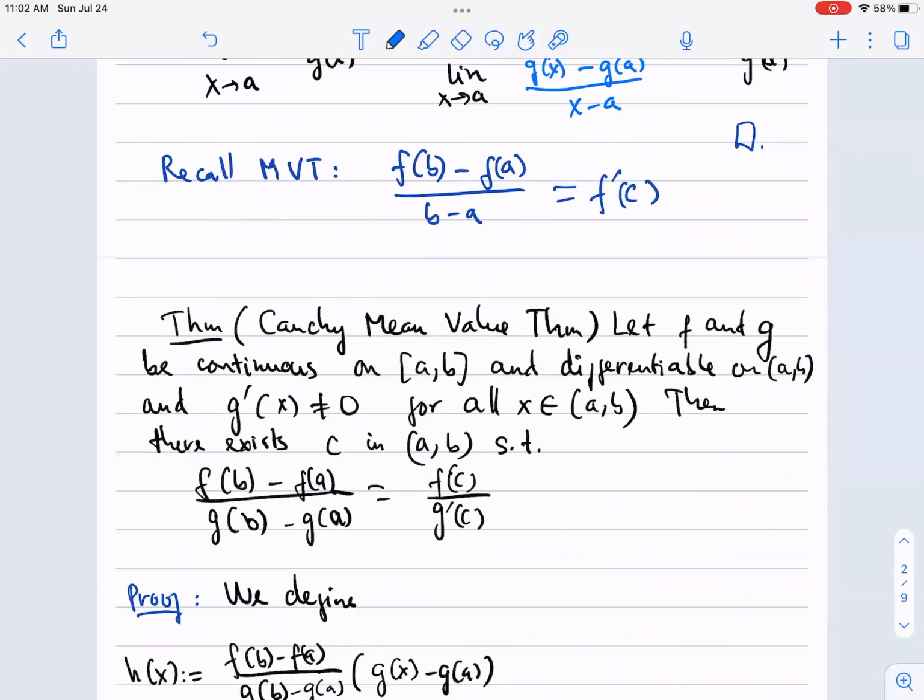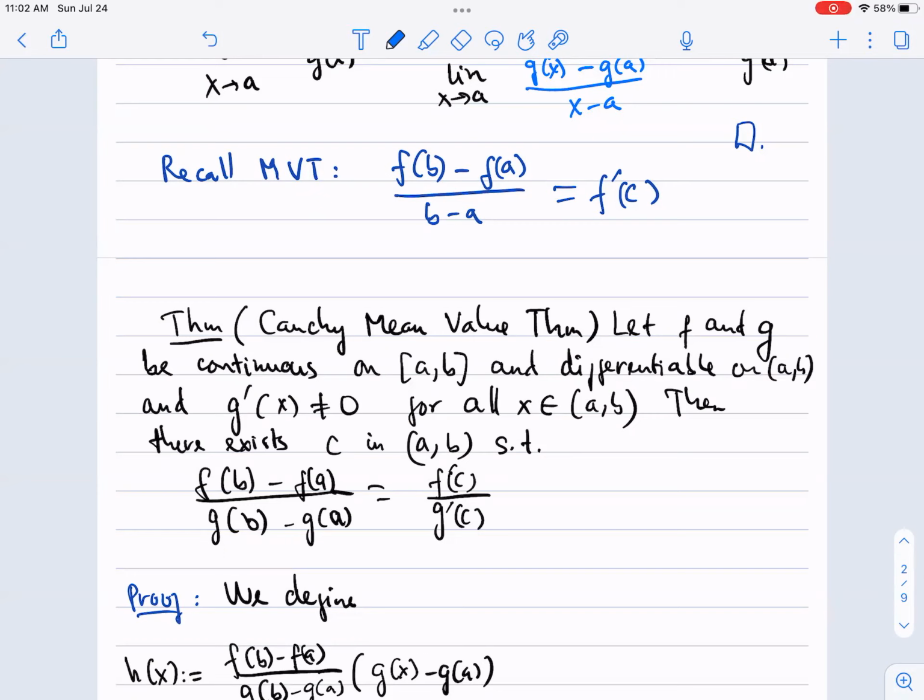Next, we're going to state what we call the Cauchy mean value theorem. In order to explain this theorem, first recall the original mean value theorem, which says that the quotient f(b) minus f(a) divided by b minus a is equal to f prime of c for some c within the interval from a to b.